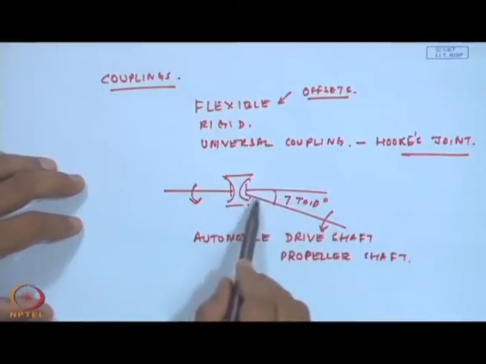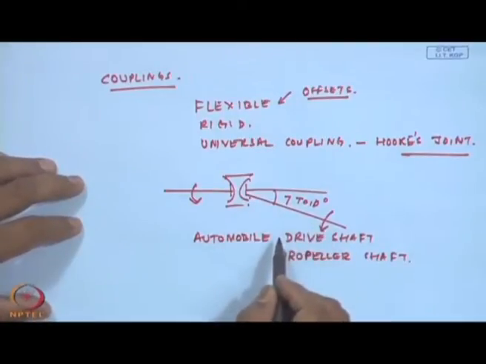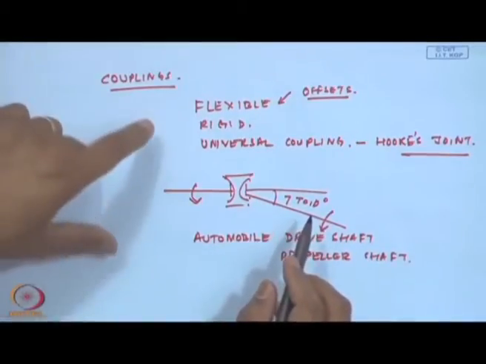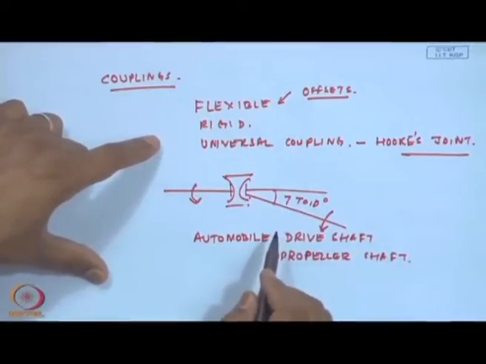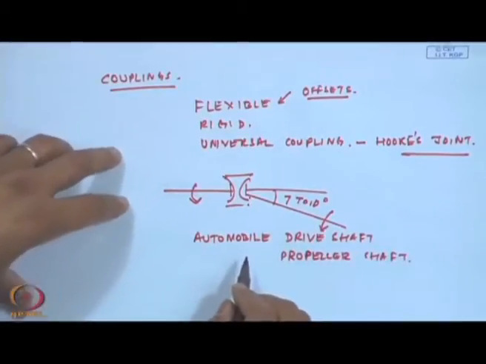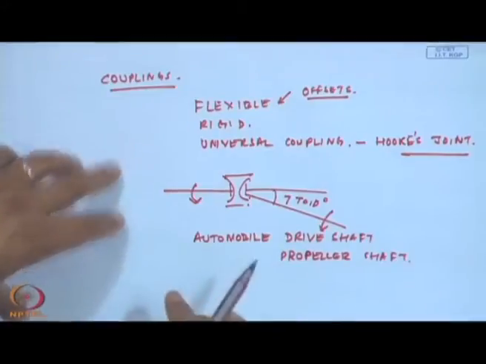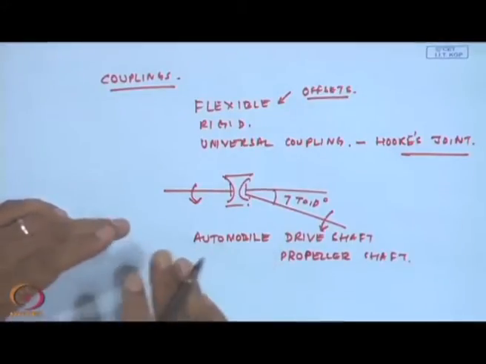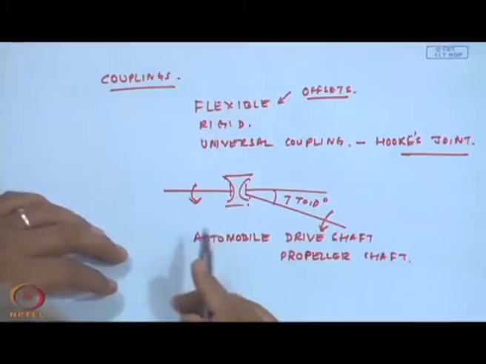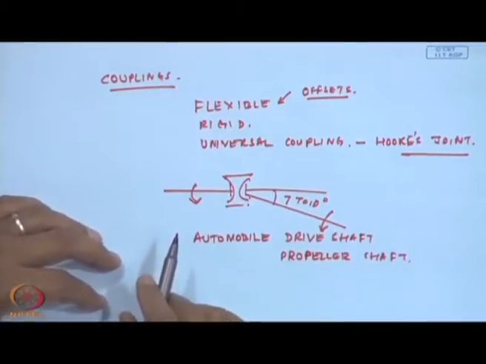They can take a good amount of angular misalignment. So, the couplings play a major role to accommodate such parallel or offset or angular misalignment between the driver and the driven unit.